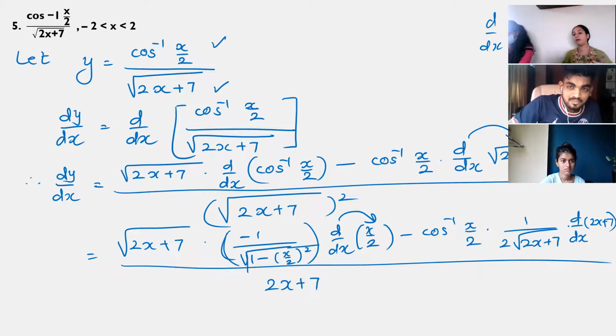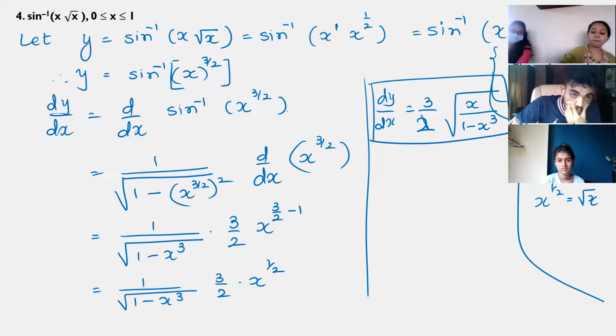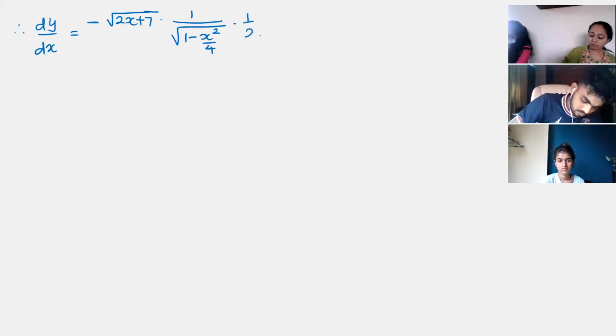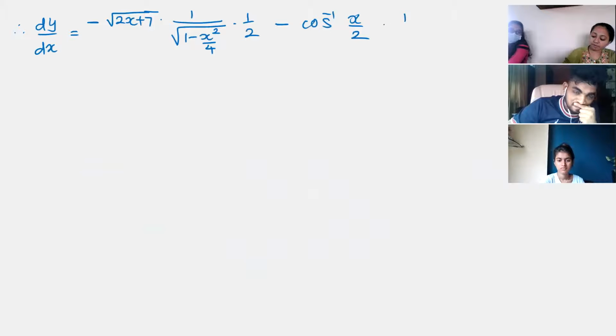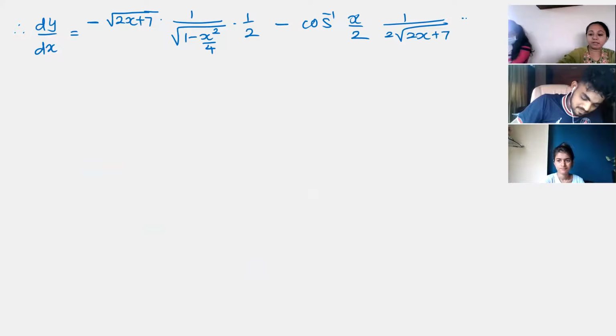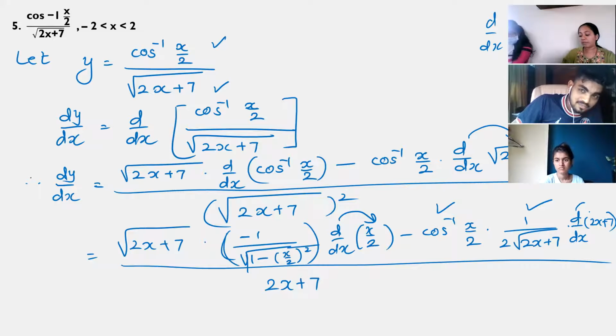Differentiation of x by 2: the half will go outside and dx by dx will be 1, so half will be the answer right away. So 1 by 2 only, minus cos inverse x by 2 as it is. Even this part will be as it is: 1 by 2 under root of 2x plus 7, into dy by dx of 2x plus 7. 2x gives 2, and what about 7? 0. So that means only 2.